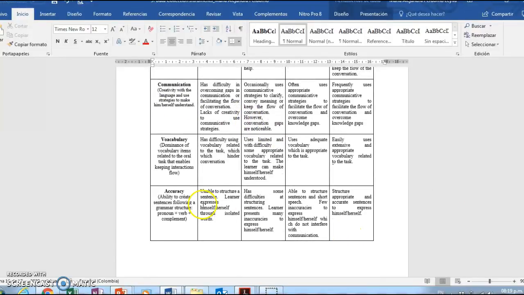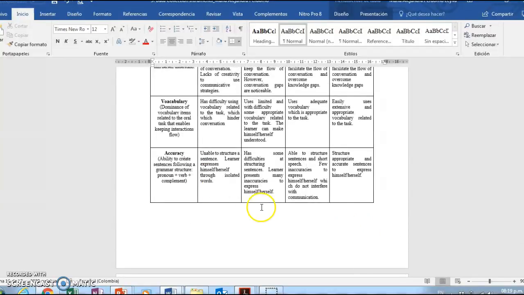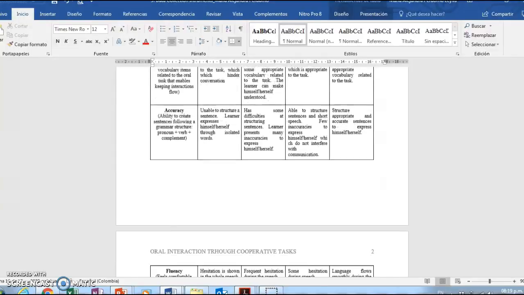Then accuracy: I want to know if the students are able to structure sentences following the typical grammar structure, which is the use of a noun, a verb, and their complements, or if they communicate with each other only through short expressions or isolated phrases or words.